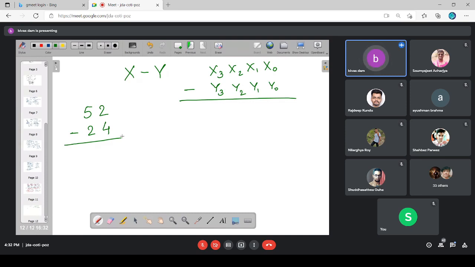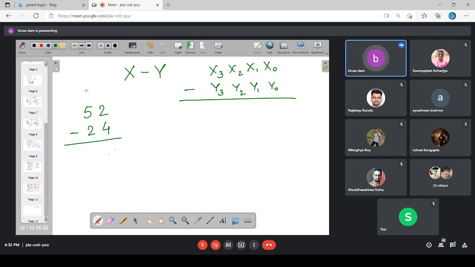Can you subtract 4 from 2? No, sir. So what you have to do? You have to borrow. From which stage? From the next higher stage, I have to borrow a 1.